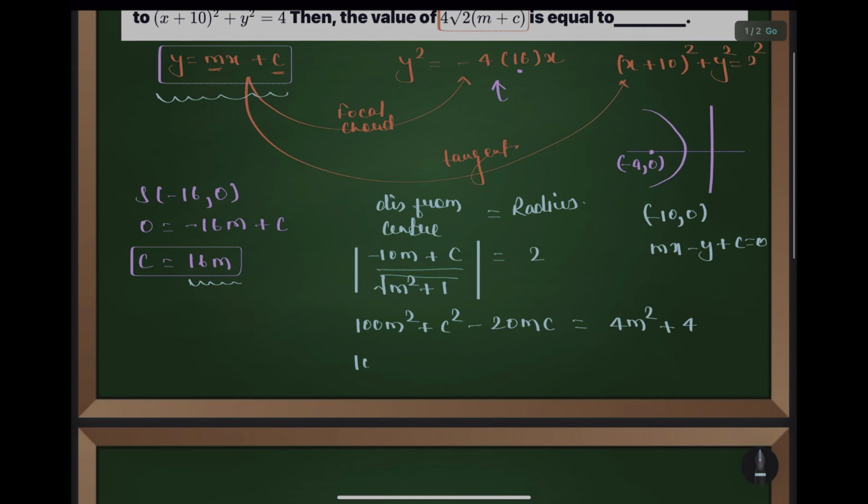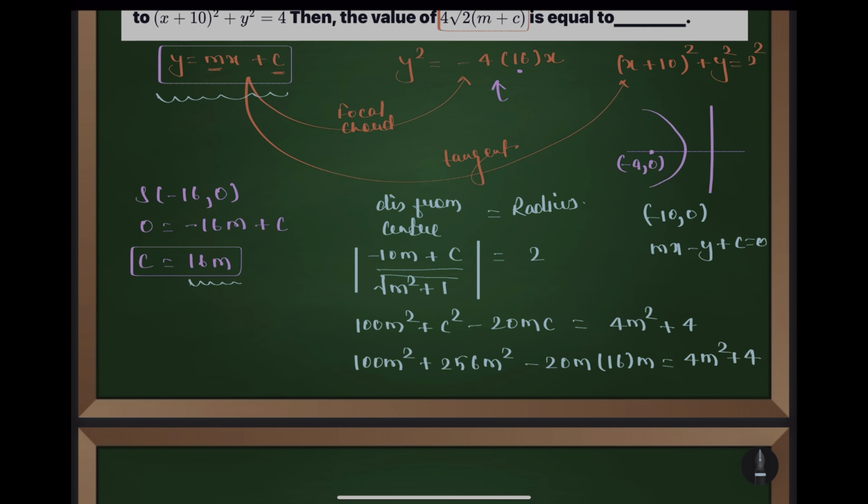Can I write 100m square plus c square, c is 16m, so 16 square is 256m square, minus 20m into 16m equals 4m square plus 4.